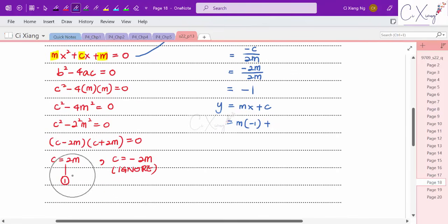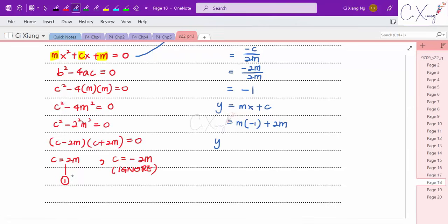Just now we have the first equation, c equals 2m, right? So you just add 2m, and the y coordinate that we get here will be m, which means that P has a coordinate of negative 1 and m. So this is basically how we solve this part A.